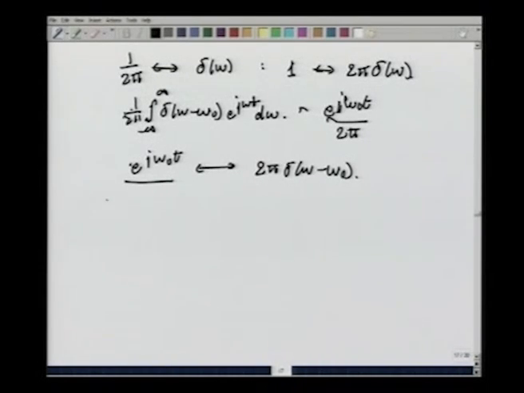Suppose x t equals x of t minus T, then we know that it has a Fourier series representation. I am writing the synthesis equation over here: the sum over k equals minus infinity to infinity of x k e to the j k omega naught t.